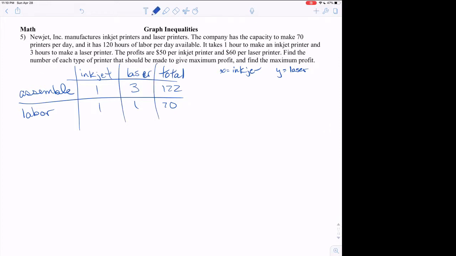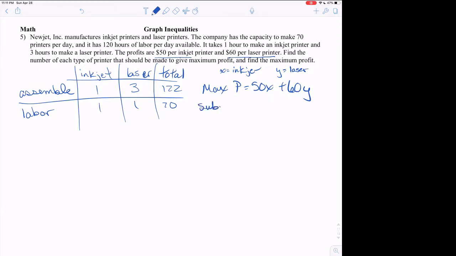It says the profits are $50 for the inkjet and $60 for the laser. That sentence tells you where your X and your Y are going to be. So that means we want to maximize our profit equal to 50X plus 60Y.